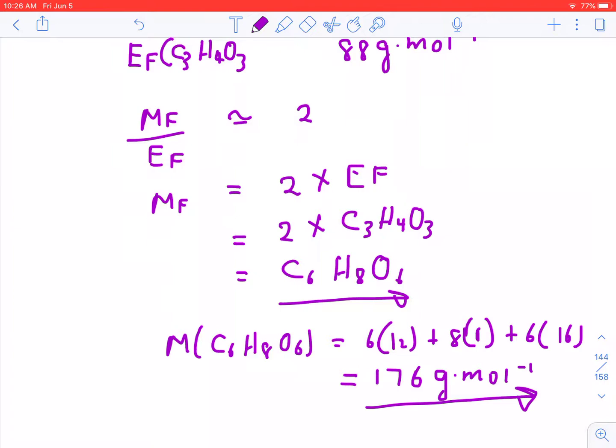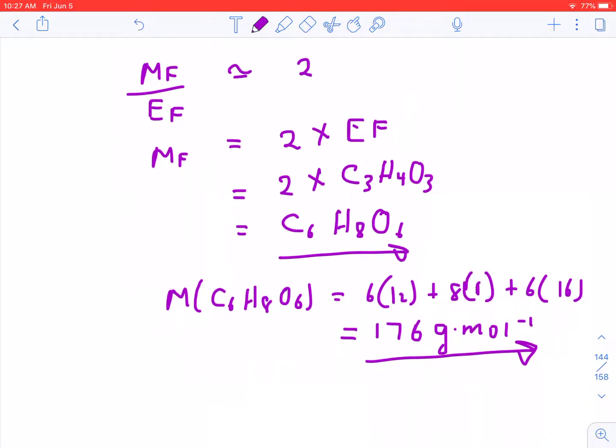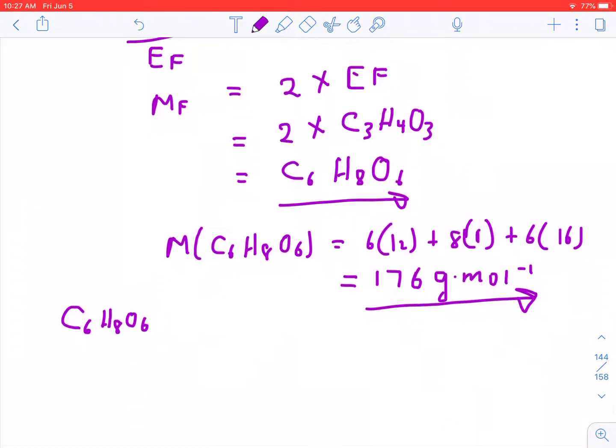So you can determine the molecular formula given the empirical formula. The molecular formula here is C6H8O6, and that is not the simplest ratio. What would the simplest ratio be? You have to divide all this by 2.